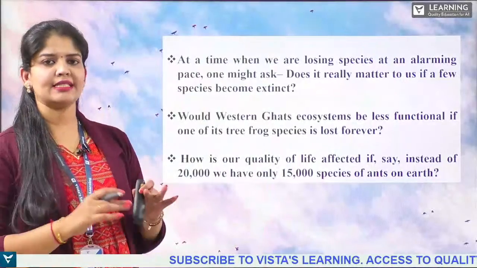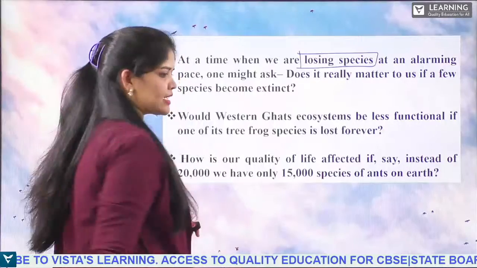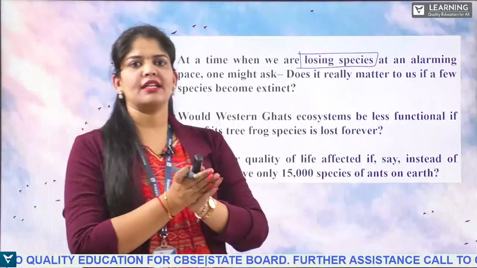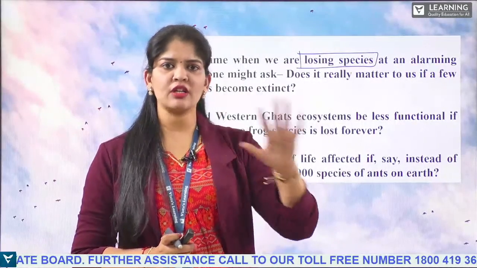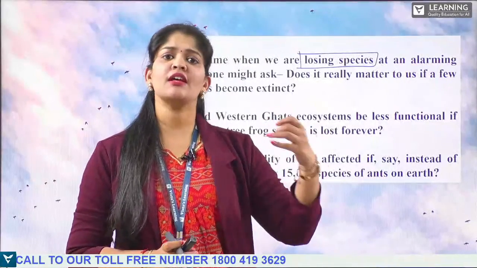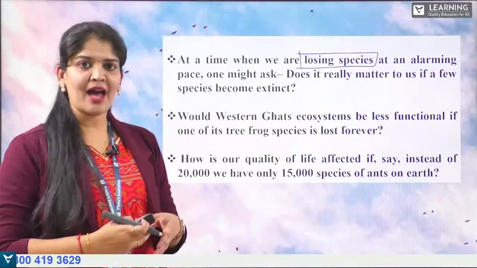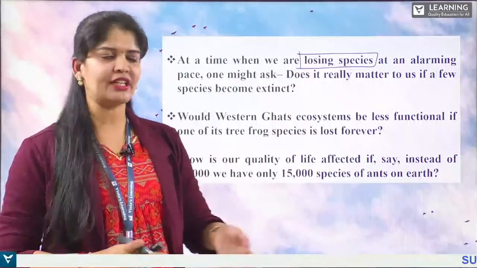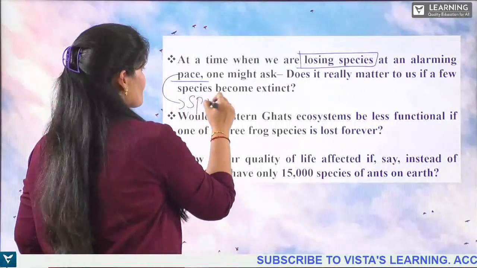Now, at the time when we are losing species at an alarming pace, pace is nothing but speed, see, there is the extinction of a single species. The species is no more in existence, that is an extinct species. One species is being extinguished. In what way is it going to matter for the stability of the ecosystem, for the stability of the biological community?